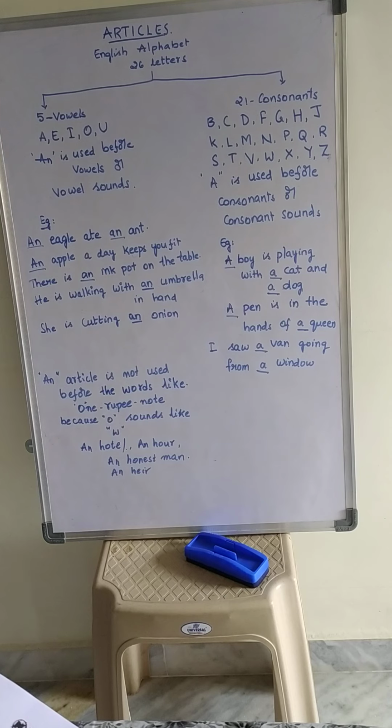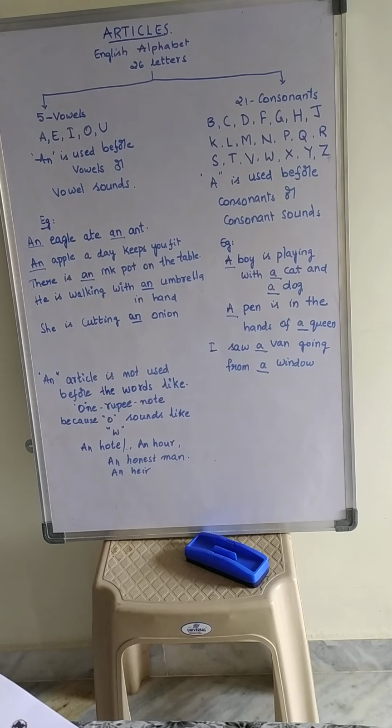The article a is used before consonants or consonant sounds. For example, a boy. B is the consonant, so before boy, we use the article a.